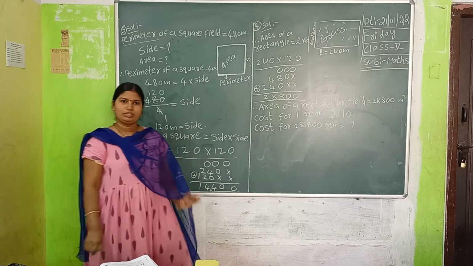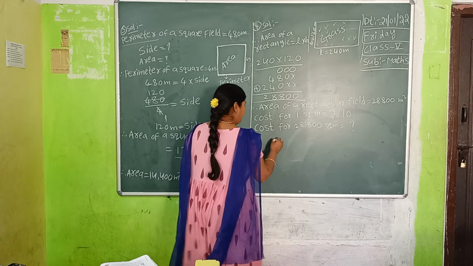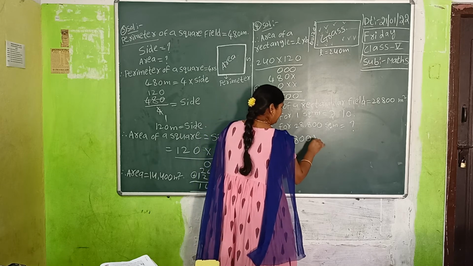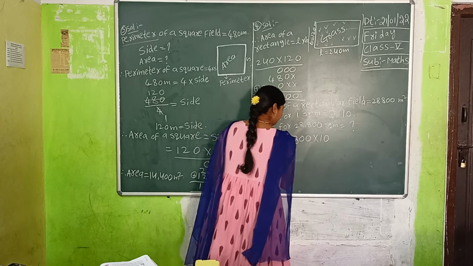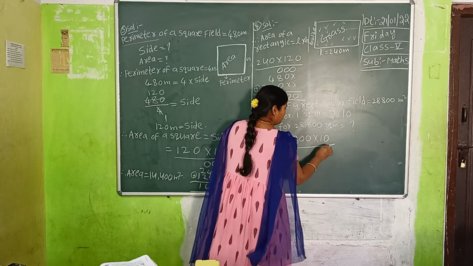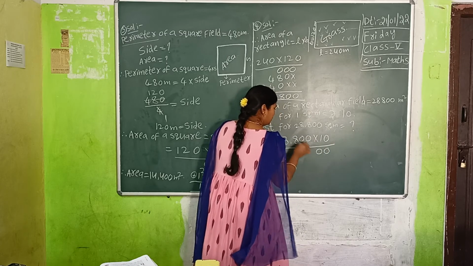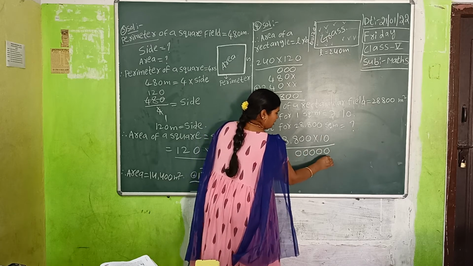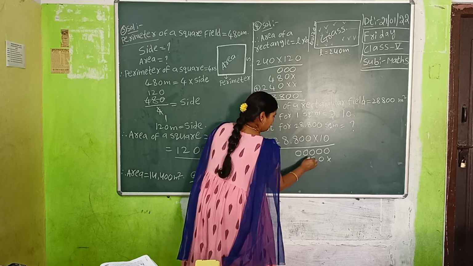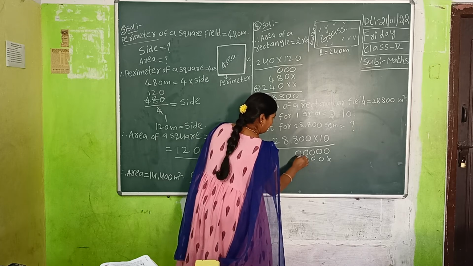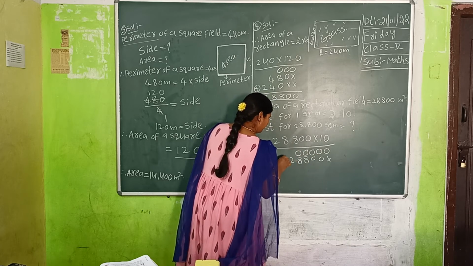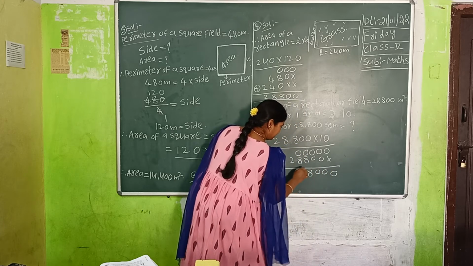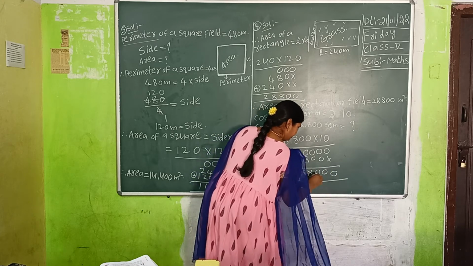Now you have to do the multiplication. Okay, 28,800 into 10. 0 into 0, 0. 0 into 0, 0. 0 into 0, 0. Ones place over, tens place: 0, 0, 8, 8, 1 to the 2. 0, 0, 0, 8, 8, 2.